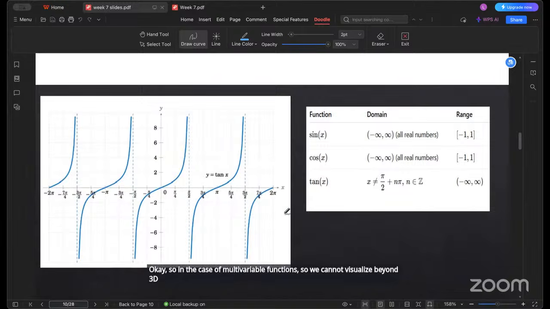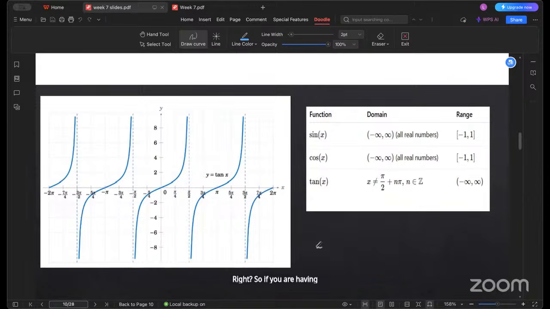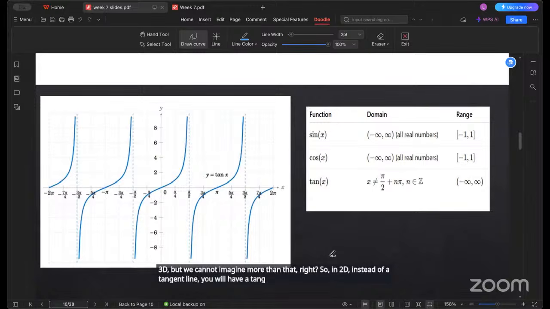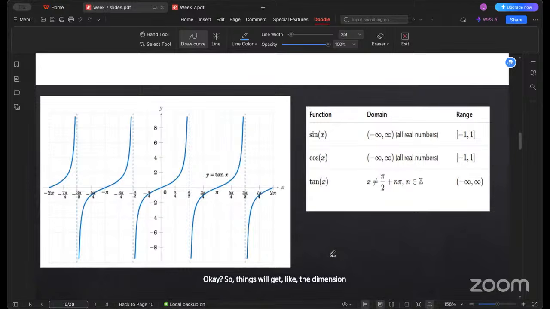Even for a one variable function, the graph is represented in 2D. With a two variable function, you can represent the graph in 3D, but we cannot imagine more than that. So instead of a tangent line, you will have a tangent plane. The dimension will increase.